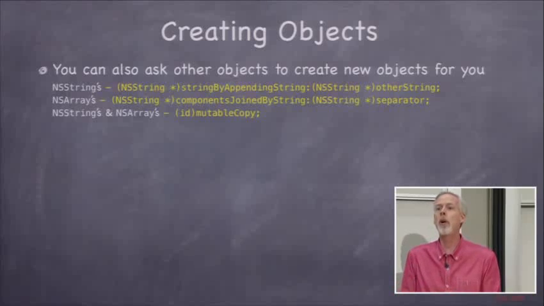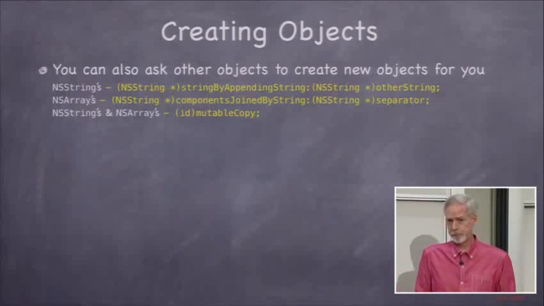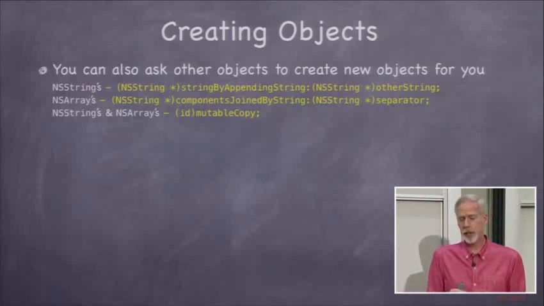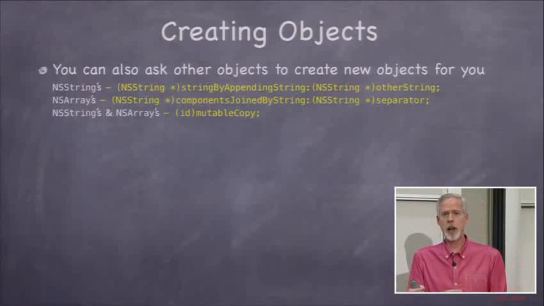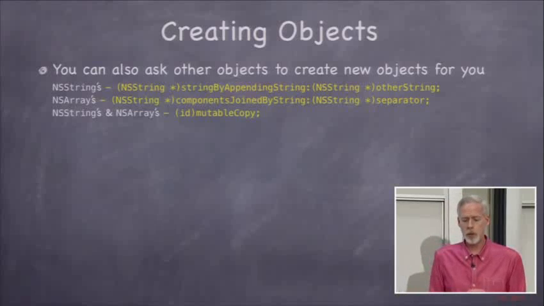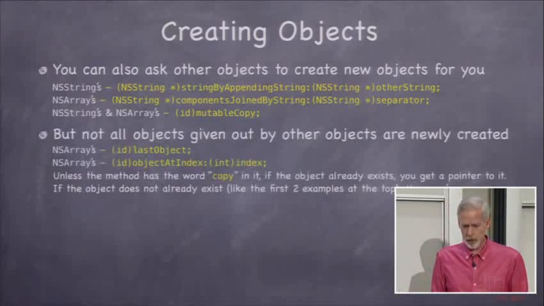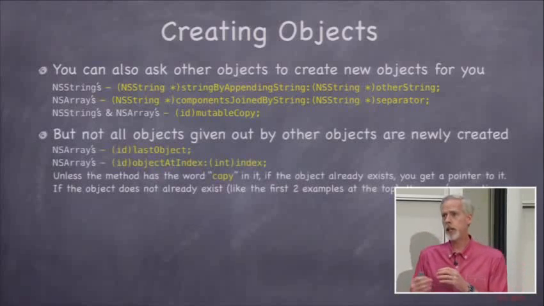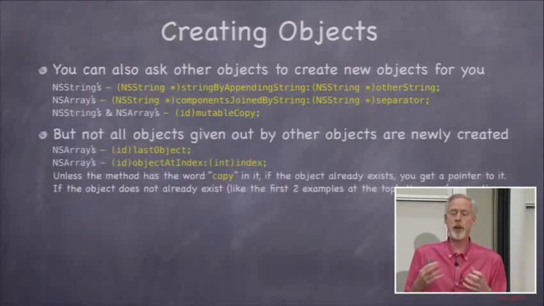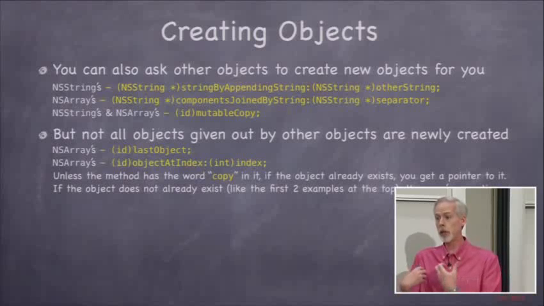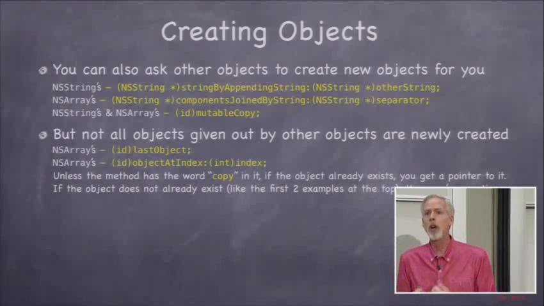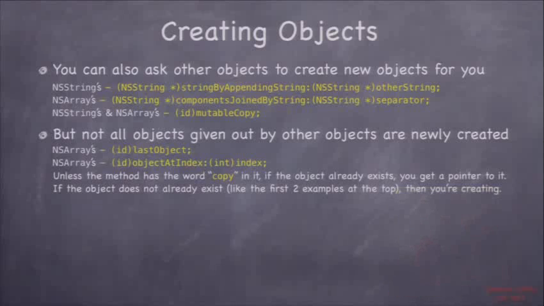So there it's creating a new object for you. And a very interesting instance method that you can ask an object to do for you is mutableCopy. Mutable copy makes a copy of an object, but it's mutable. So if you have an NSString and you send it mutableCopy, you'll get back an NSMutableString. Or if you have an NSArray and you send it mutableCopy, you'll get an NSMutableArray.